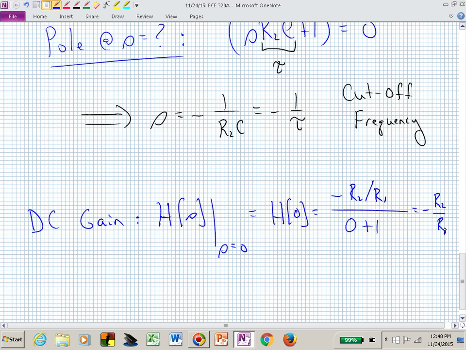And now that's going to depend on the ratios of those resistors, the feedback resistor over the input resistor, and that minus sign, that's just inverting. If you had a sinusoid, it would just invert that sinusoid, but the magnitude would be adjusted by this ratio of R sub 2 to R sub 1.